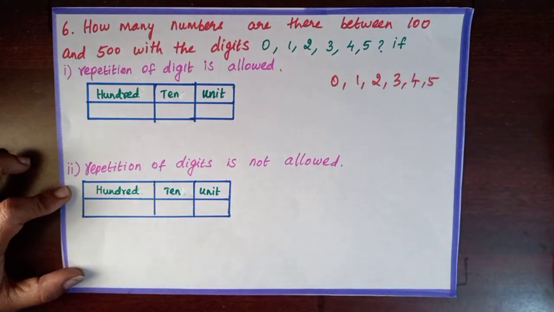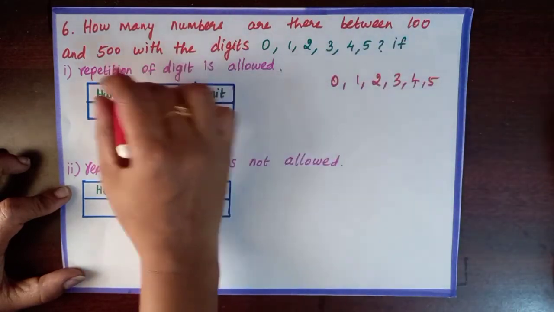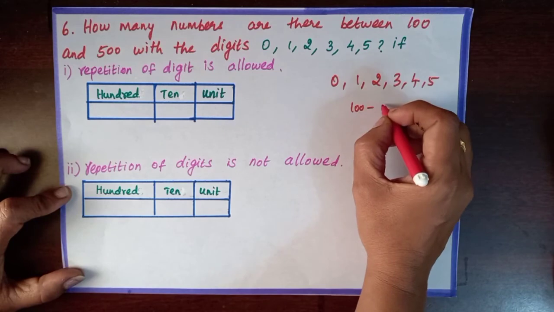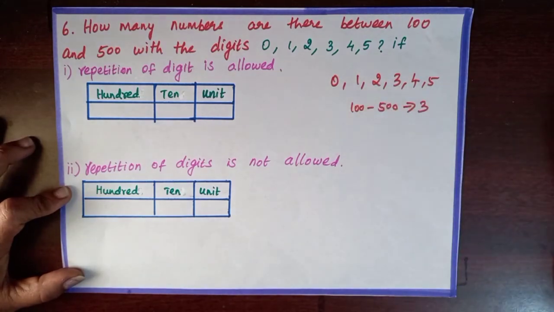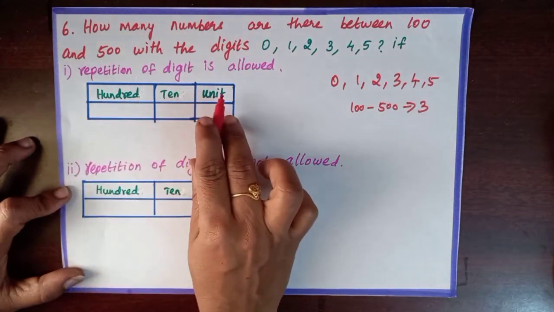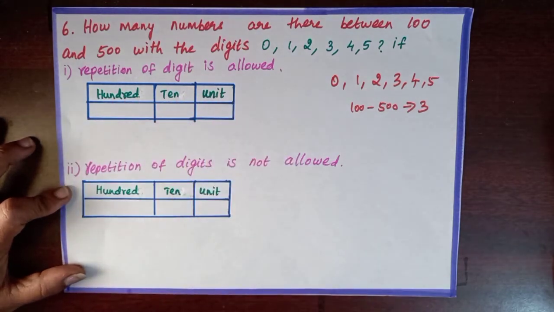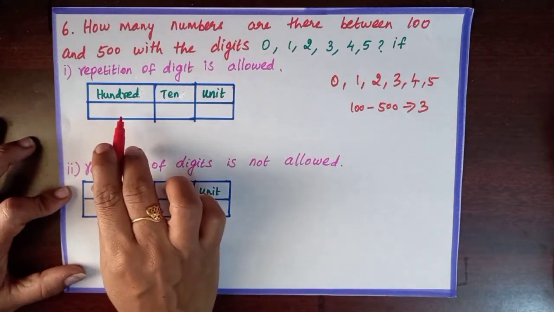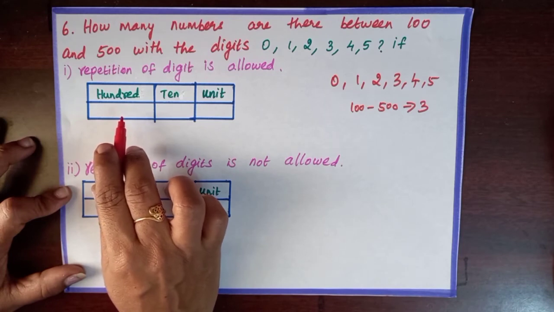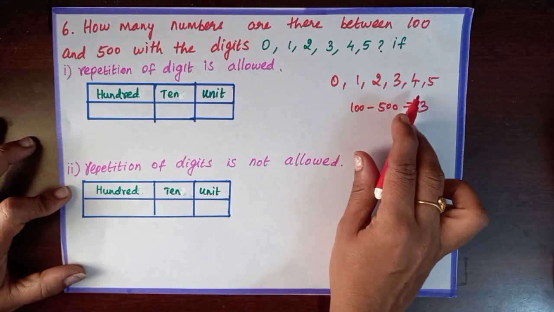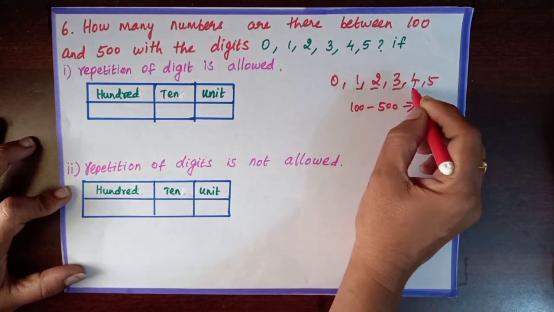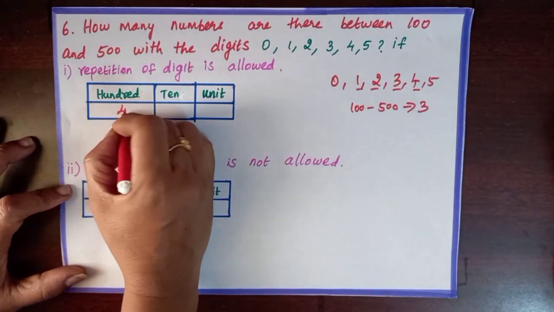Since we are going to find the numbers between 100 and 500, it has 3 digits. Okay? Repetition of digits is allowed. The hundreds place can be filled only by any one of the digits 1, 2, 3, 4, in 4 ways.